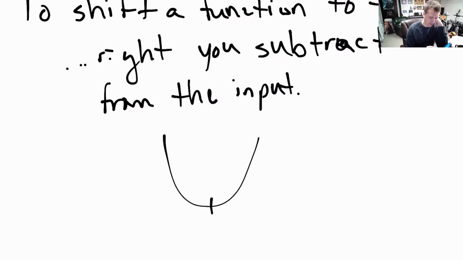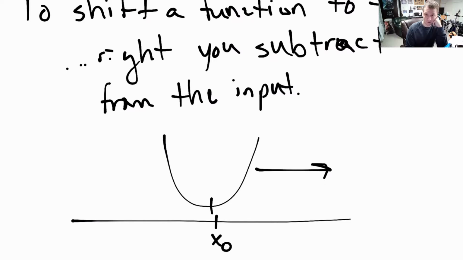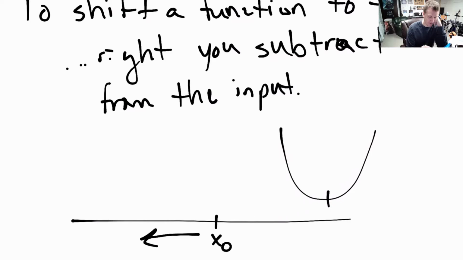Here's its x value down here. X is 0. If we want to move this graph to the right, we could accomplish that by taking the axis and moving it to the left so that this graph is now over here.